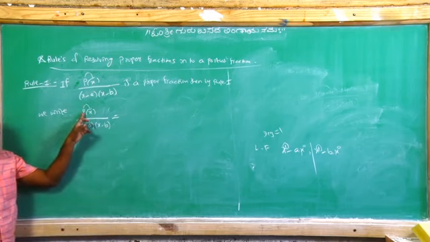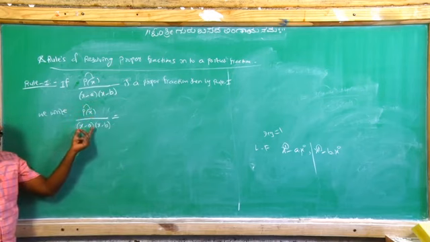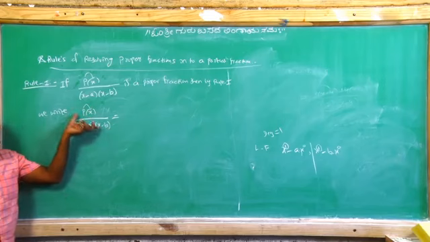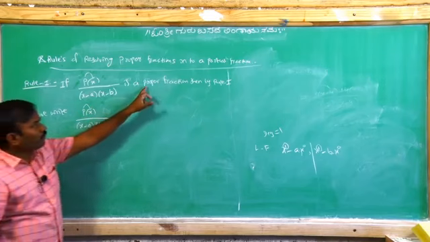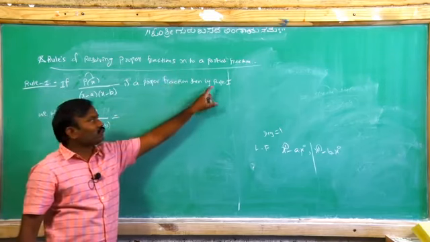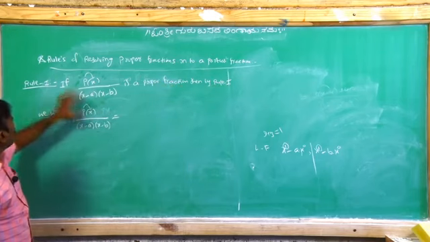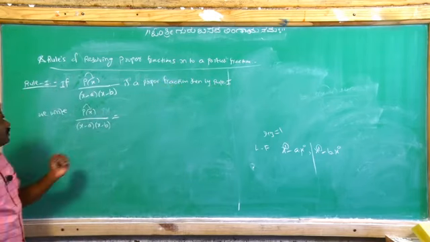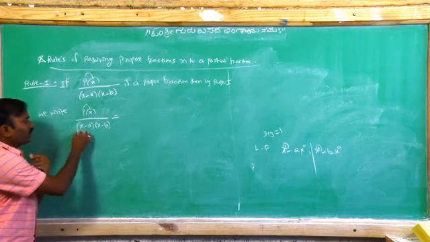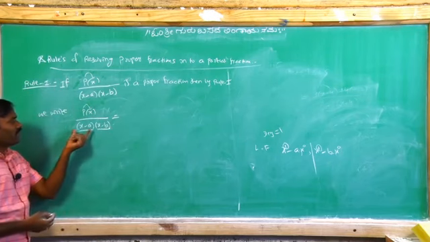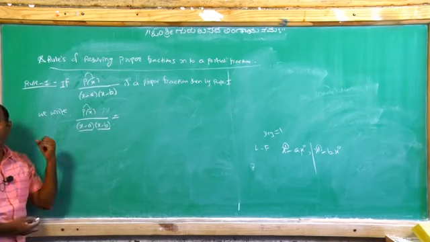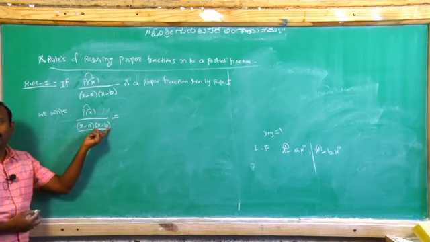But any polynomial in x by (x minus a) into (x minus b), this fraction must be a proper fraction. Then only we can use rule 1. Okay. So this is the proper fraction. Then by using rule 1, in the denominator there are two different linear factors. X minus a is a linear factor, x minus b is also a linear factor.